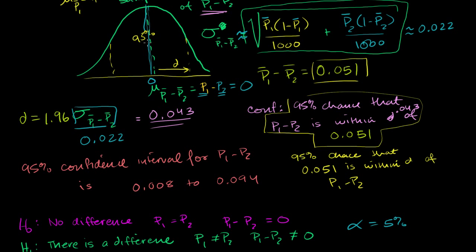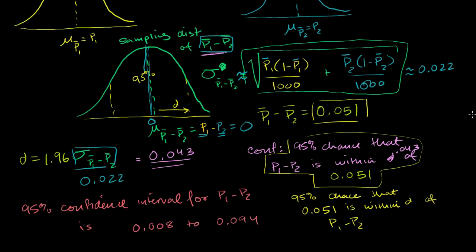So what we can do is figure out what's the probability, assuming that the true proportions are equal, that the mean of the sampling distribution of this statistic is actually 0. What's the probability that we get a difference of 0.051? So what's the likelihood that we get something that extreme? And what we're going to do here is just figure out a z-score for this. Essentially figure out how many standard deviations away from the mean this is.